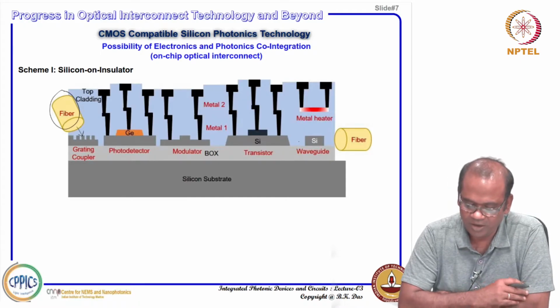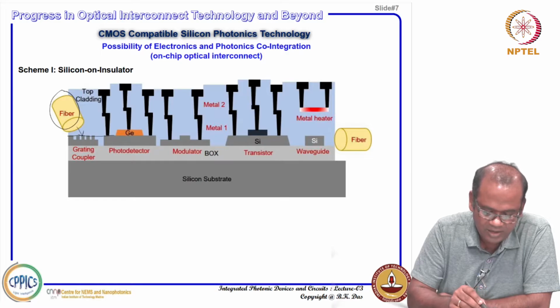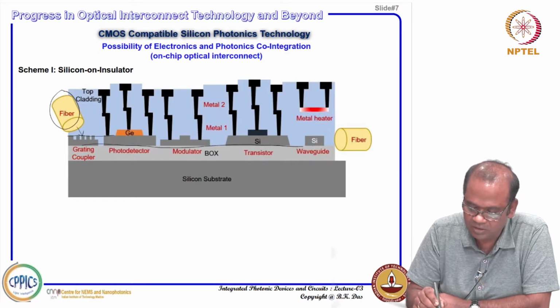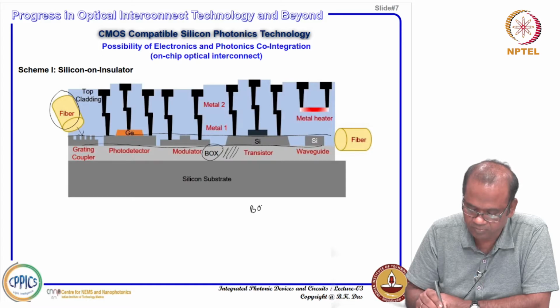What is that waveguide? You know, this layer, in fact, is your so-called silicon layer, and this is your so-called box layer. Box means buried oxide.